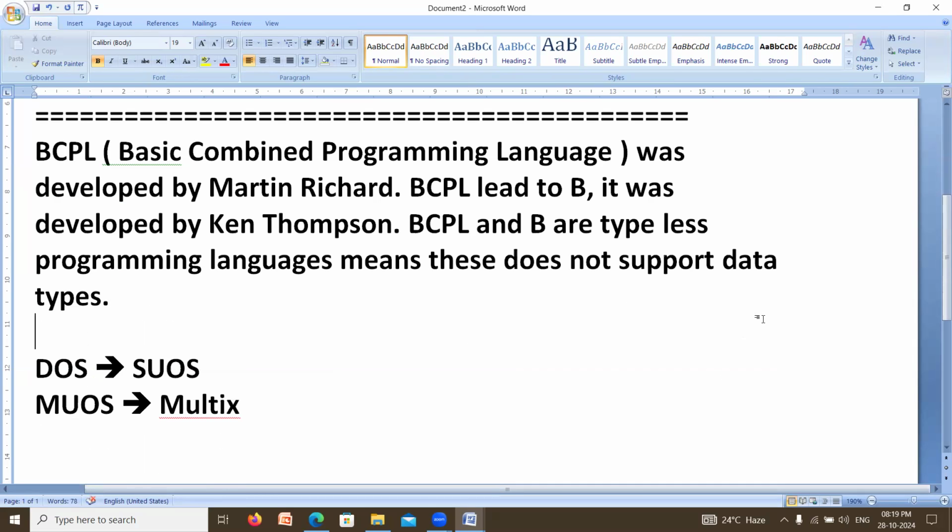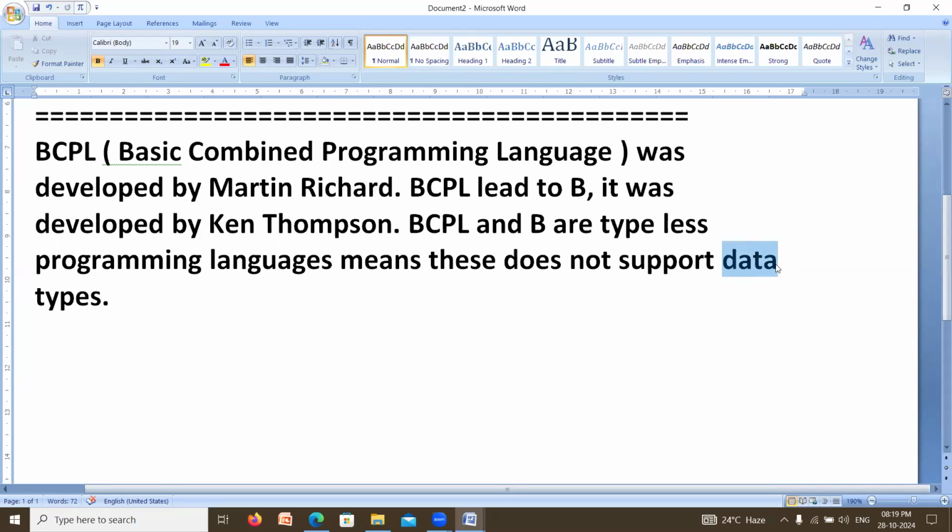First of all, we have to understand the meaning of data type. Whenever you go to a cool drink shop, you can identify some types of cool drinks like Thums Up, Maaza, Pepsi, Coca-Cola, Sprite. All these are called types of drinks, am I right? In the same manner, in data also we have some types. But these two programming languages don't support data types. So these are called typeless programming languages.